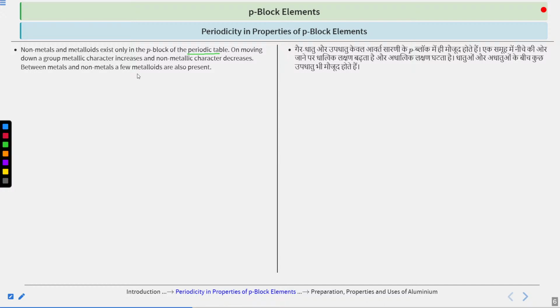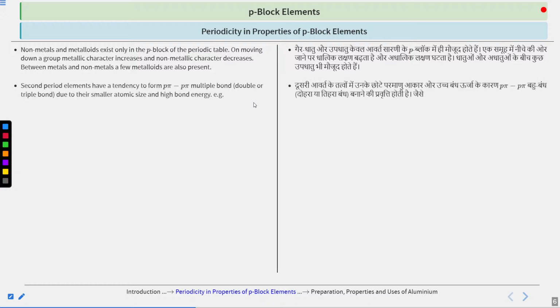If you see the d block, then most of them are metals. In the s block, most of them are metals, because they are alkali metals and alkaline earth metals. And a similar thing can be said for the f block elements. But in the p block, we have metals as well as metalloids. Metalloids are the elements whose properties are in between those of metals and non-metals.